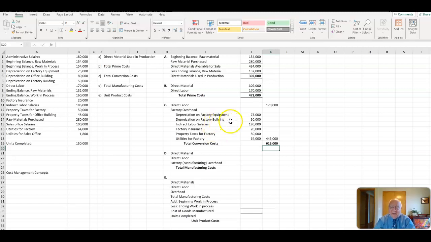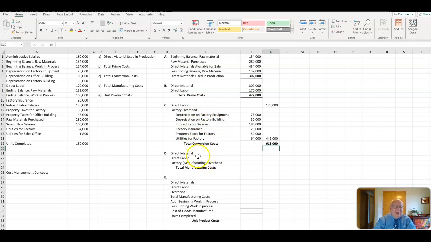So factory overhead are those costs that are associated with the production, but are not necessarily actually producing the product. Like your indirect labor would be supervisors, maintenance personnel. They're still necessary for the production process, but they don't actually produce. Direct labor are the actual assembly line workers, the people doing the actual production of the product.